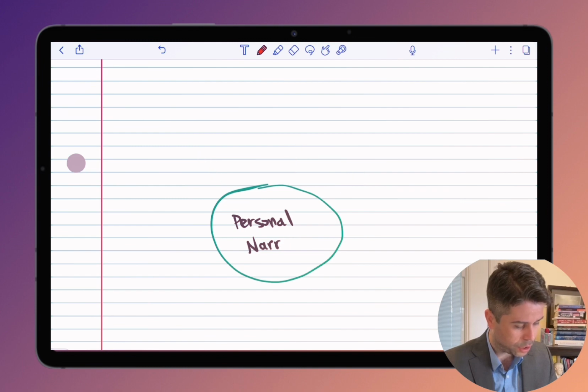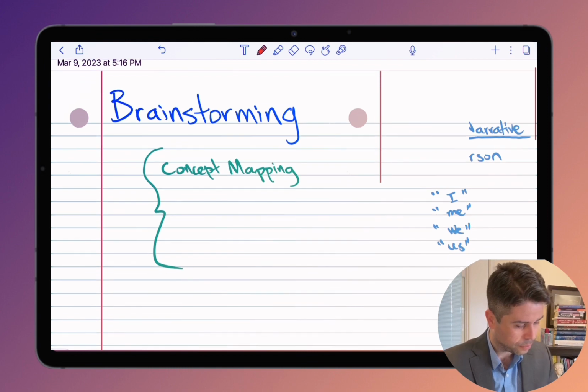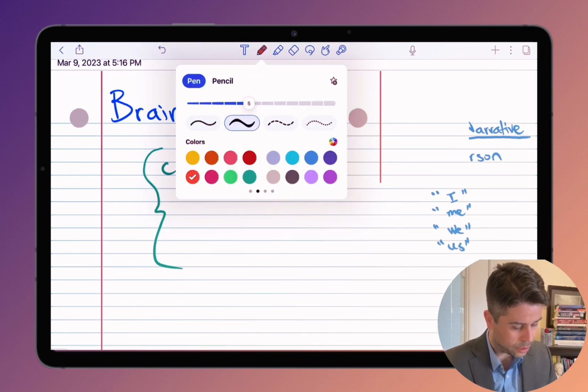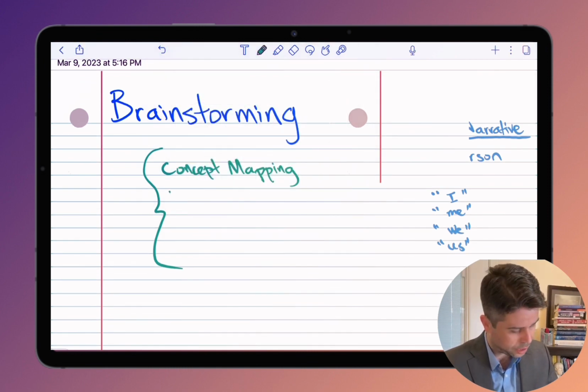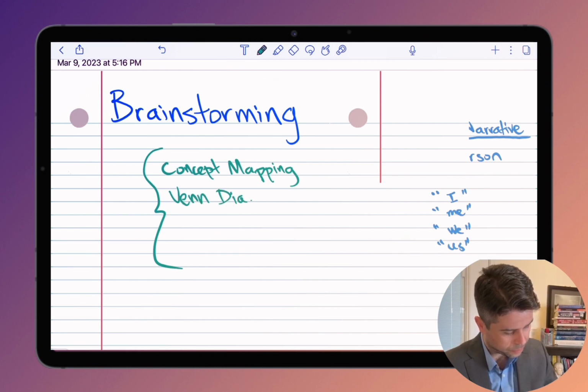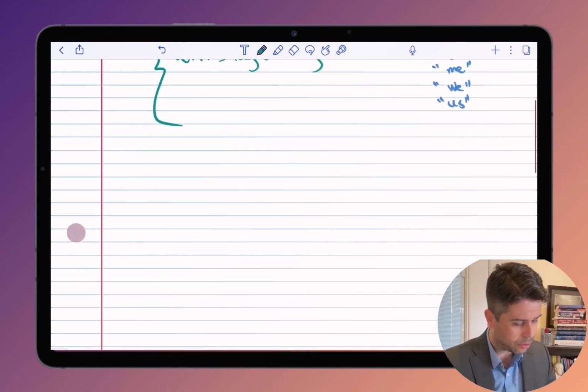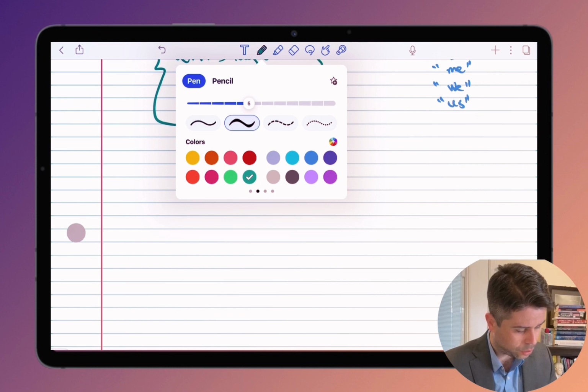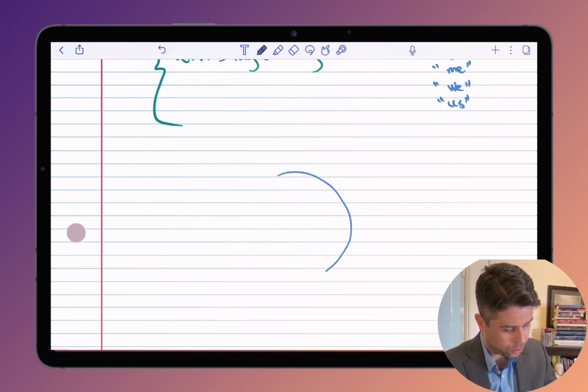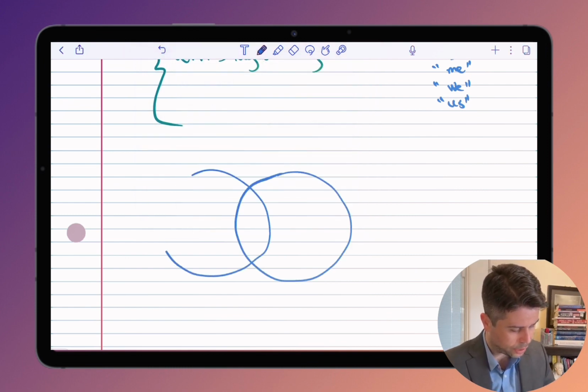Another technique that we can use is a technique known as Venn diagramming. Now, with Venn diagrams, these allow us to compare and contrast two or more ideas.